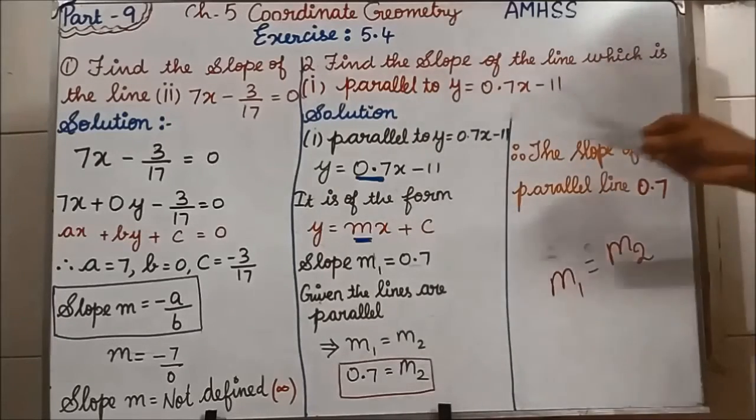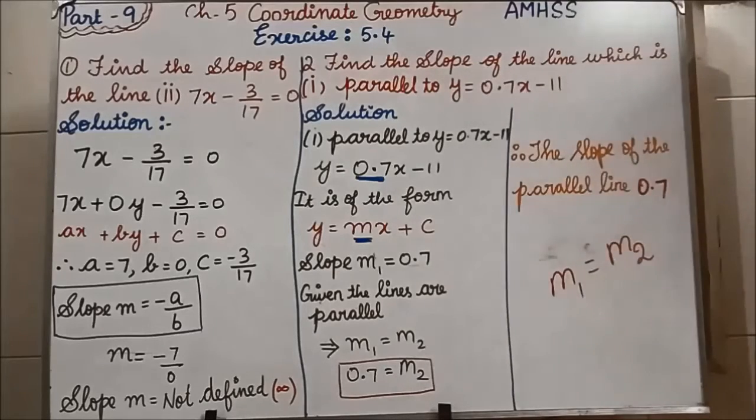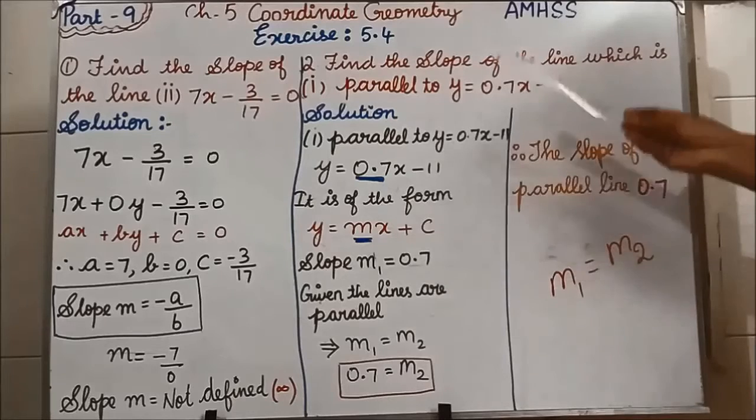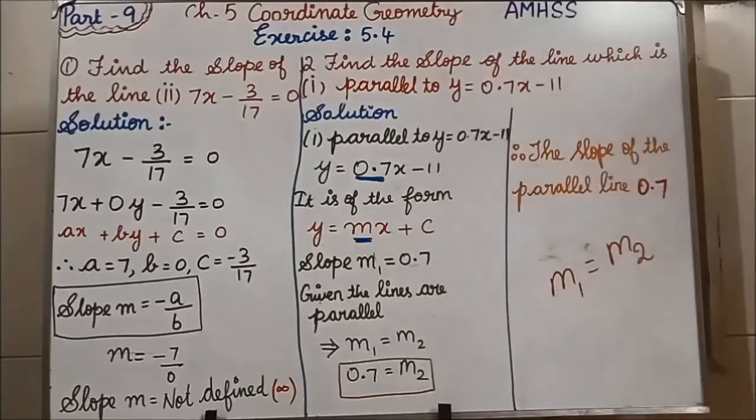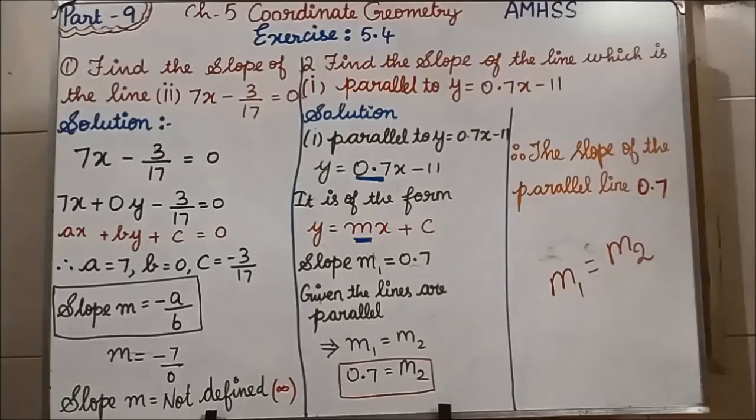So whatever value you get for m1, the same is m2. Clear? If m1 is 0.7, then m2 will also be 0.7. They were asking for the slope, and slope means the m value. Therefore, the slope of the parallel line is 0.7. Clear? Clear, all of you? That was the second question, first subdivision. Next we will see the second question, second subdivision.